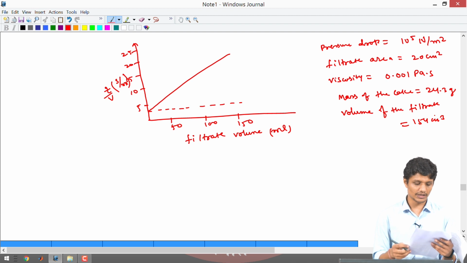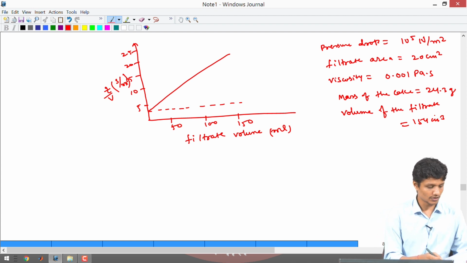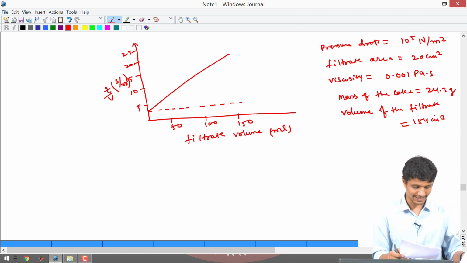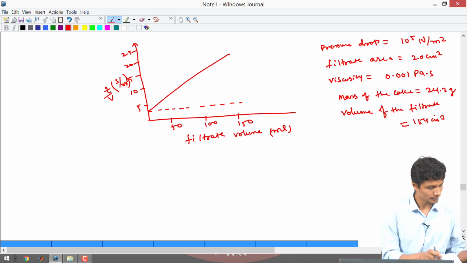They have asked what is the filter medium resistance and filter cake resistance. This is also a constant pressure drop question, so I am going to apply the same equation here also.